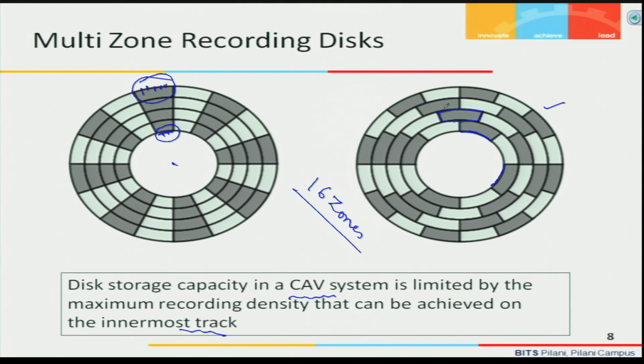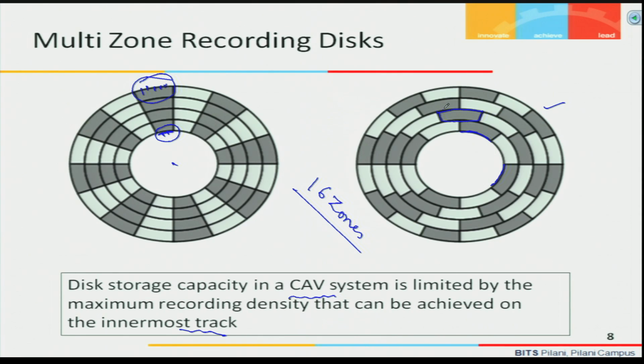Like that, you are able to utilize the space and store more bits of information as per the track size, but the timing of information recording and reading will be different. For each zone you have a different rotation speed.